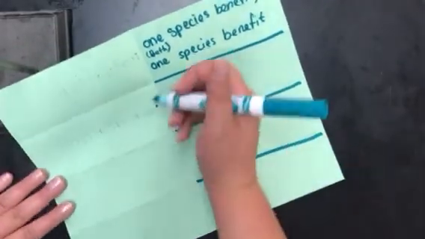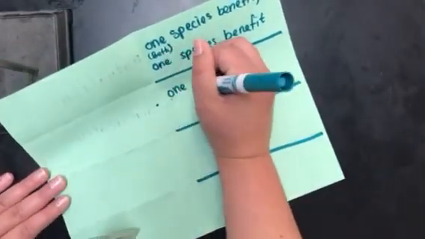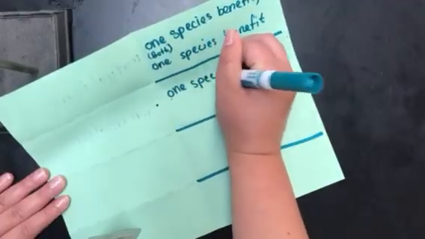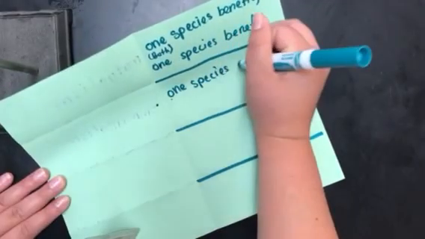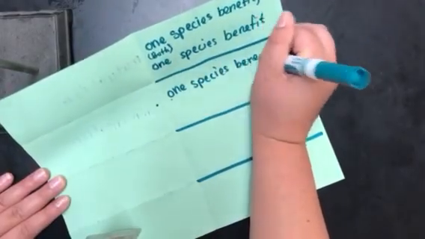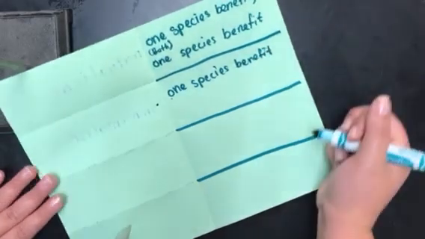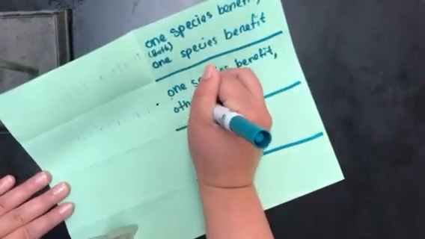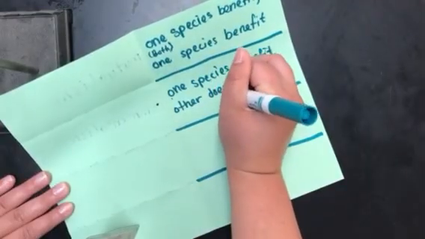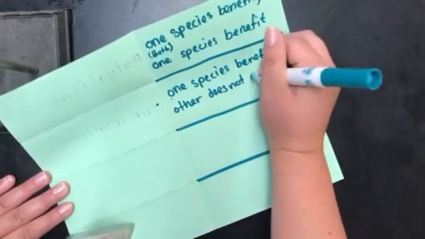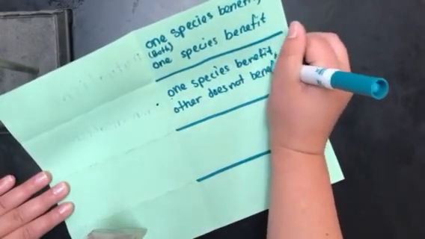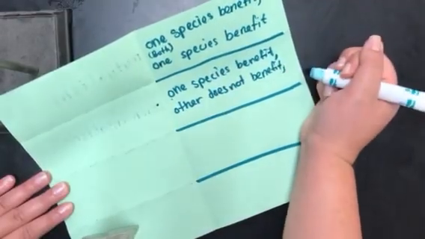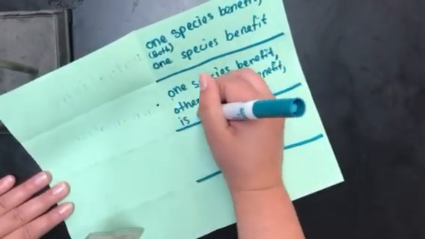So commensalism is where one species benefits and the other does not benefit, but is not harmed either.